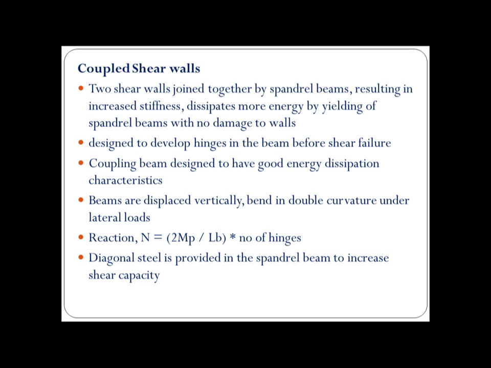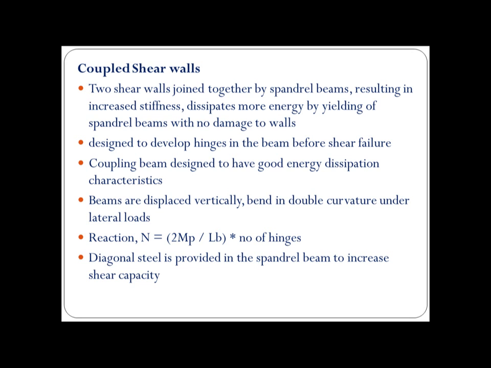If we need to find the reaction or the vertical axial force acting on the shear wall, it is given by this equation, where MP represents the plastic moment of the beam and LB represents the length of the spandrel beam. Since these spandrel beams fail in shear rather than bending because of short spans, we need to see that they have been designed for shear.